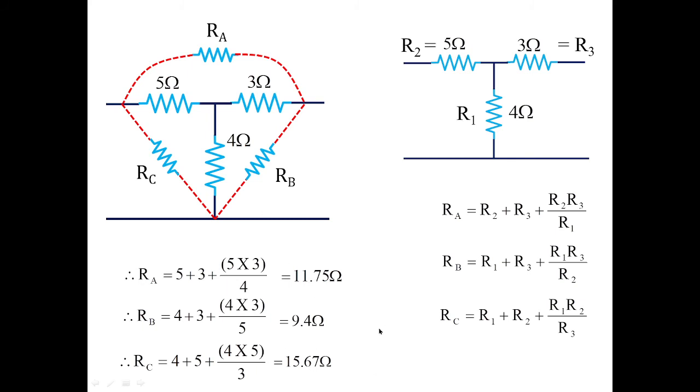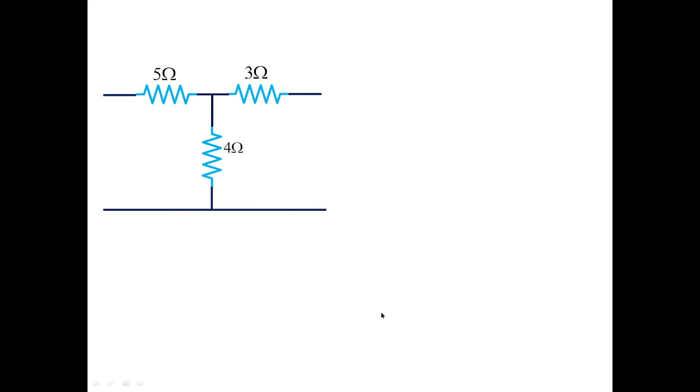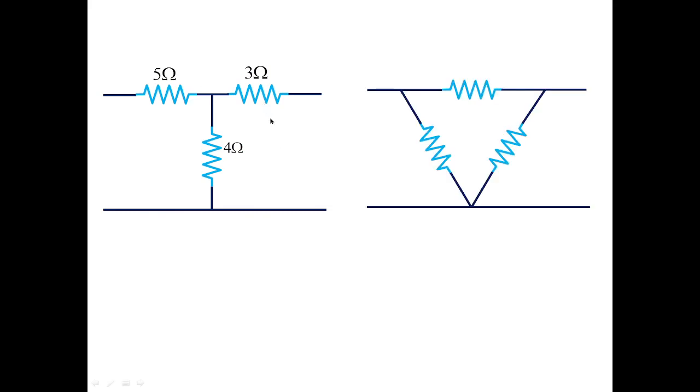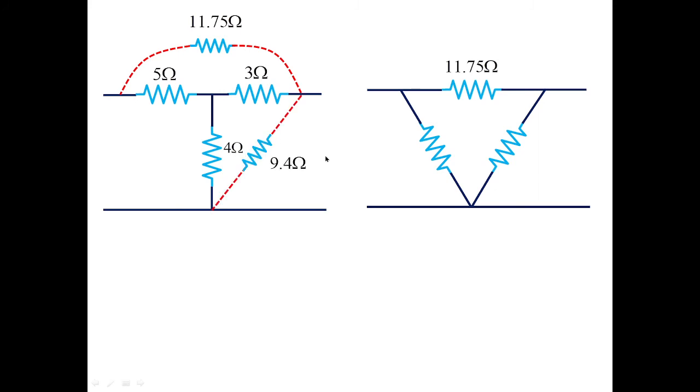So these values are obtained, right? The same thing we are going to substitute here. Between 5 and 3, we got one resistor RA whose value is 11.75. I'm redrawing this 11.75 in a proper way in this delta network. Then I have a resistance obtained between 3 and 4 whose value is 9.4.